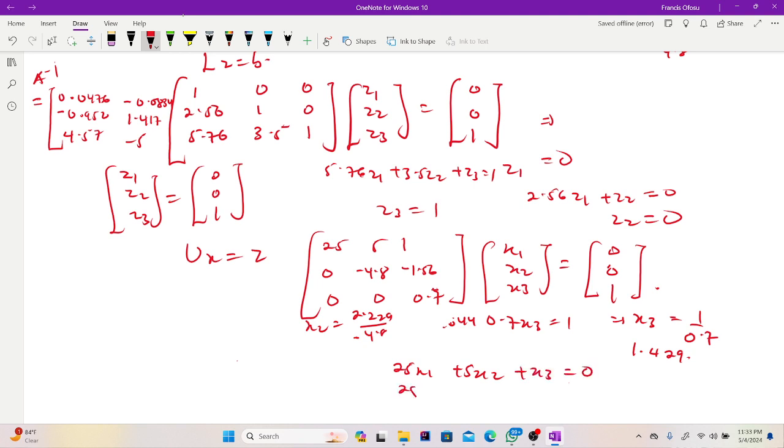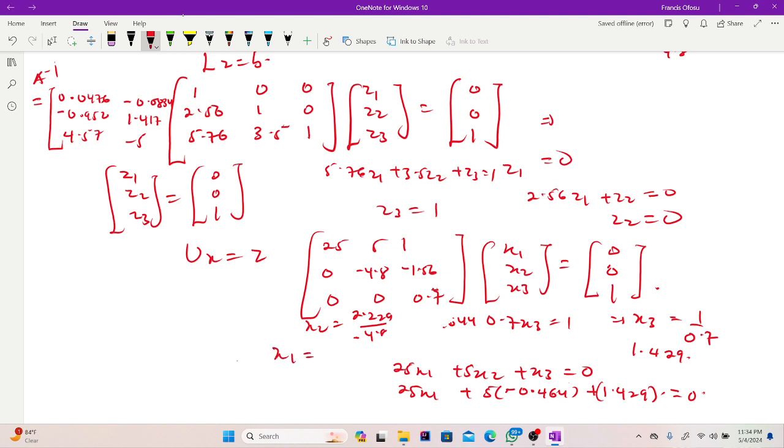What is x1? I don't know. My x2 is what? I wrote it, so negative 0.464, right? Plus my x3, which is giving us 1.429, right? So at this point, I'll have this to be equal to 0. So I need to find x1.